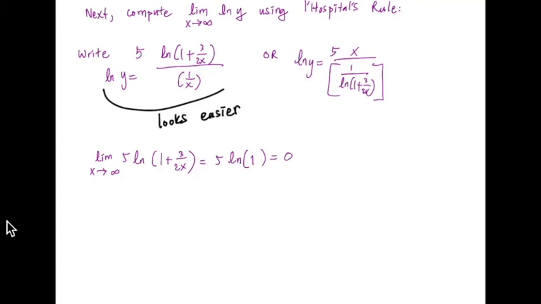So I have 0. And then I compute the limit as x goes to infinity for the bottom function. Because x gets large, 1 over that large value would be 0. So this means that we can attempt L'Hopital's rule of type 0 over 0.